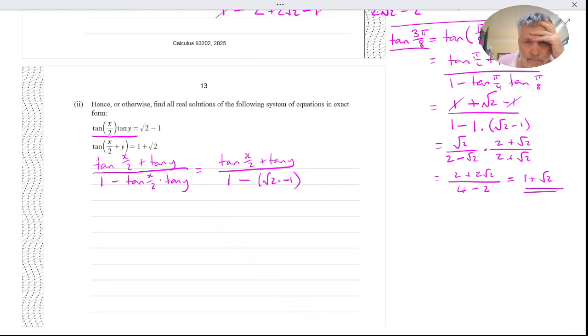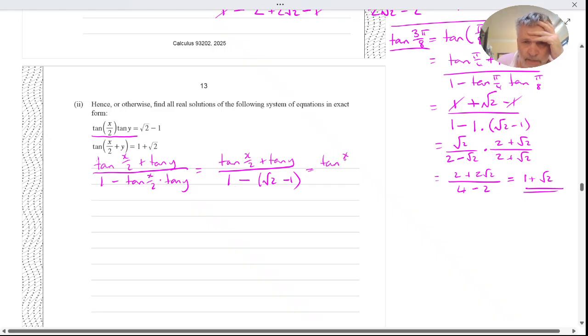So 1 minus 1, that's going to be 2 plus root 2, so tan x over 2 plus tan y over 2 minus root 2. You'll notice I'm learning and I'm writing across the page, not spreading it out, anticipating I might run out of room. And the question says this is equal to root 2 minus 1.